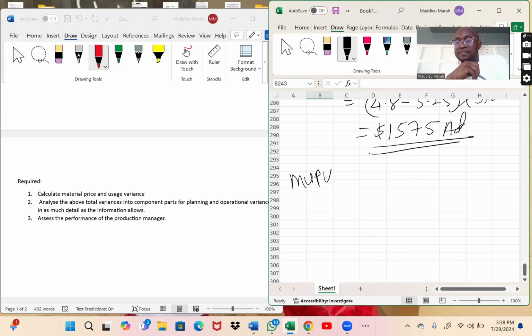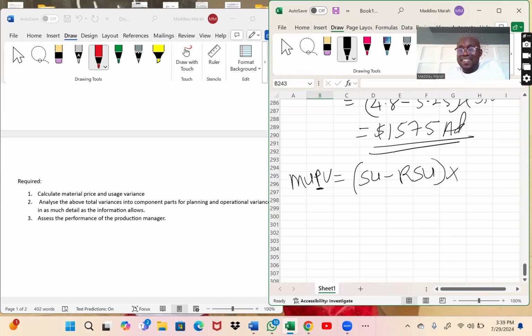Okay? So now we say the planning. Always remember standard and revised. So standard usage minus revised standard usage multiplied by what?